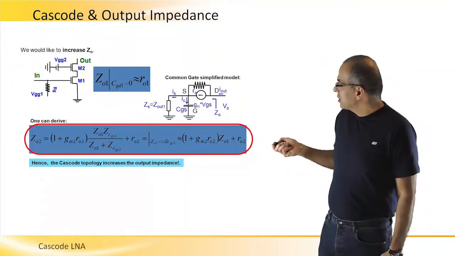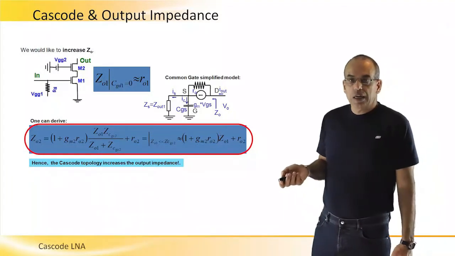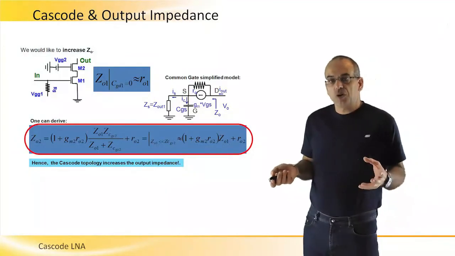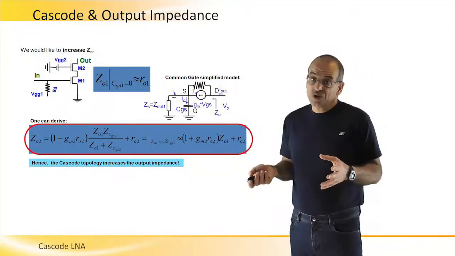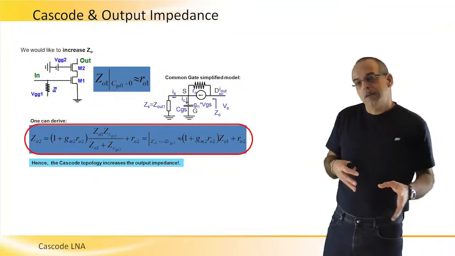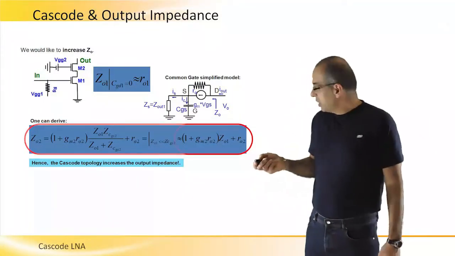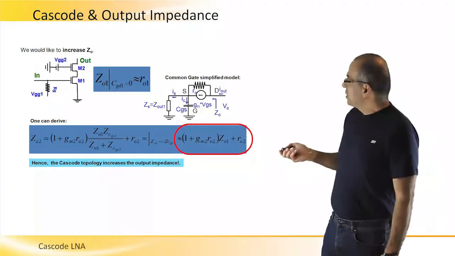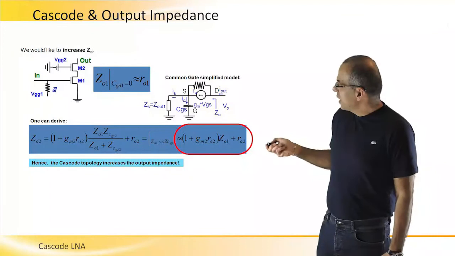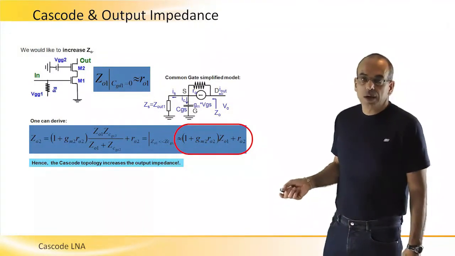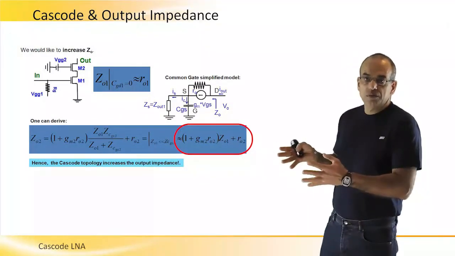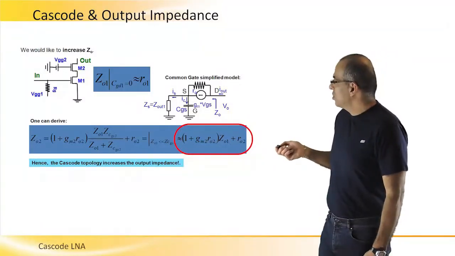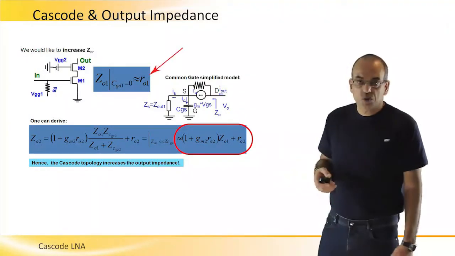Now, if we make this approximation, assume that Zout1 is much smaller than ZCGS1, which is true in analog design, not always in RF, we can get a much more simplified expression, but this expression has Rout2 and Zout1 times 1 plus gm2 Rout2, which is a big number, okay? And so this is much bigger than the Rout1 that we had before.